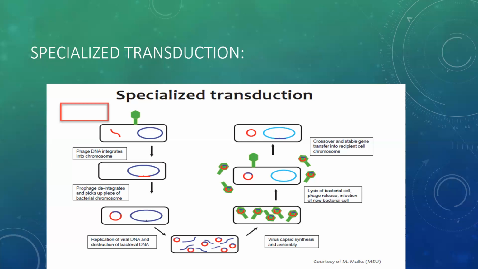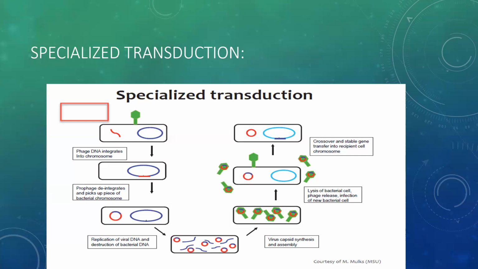So the GAL gene might be incorporated into the phage particle. But when this phage infects another bacterial cell, it transfers this GAL gene. So this new bacterial cell infected will have two GAL genes, and this is called specialized transduction.